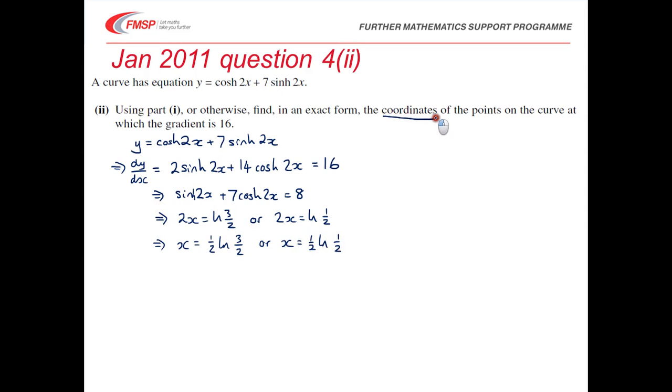So there are my x coordinates, but of course I need the y coordinates as well. So if x is a half log 3 over 2, then y is cosh of log 3 over 2 plus 7 sinh of log 3 over 2, which is 13 over 12 plus 7 lots of 5 over 12, and that's equal to 4.